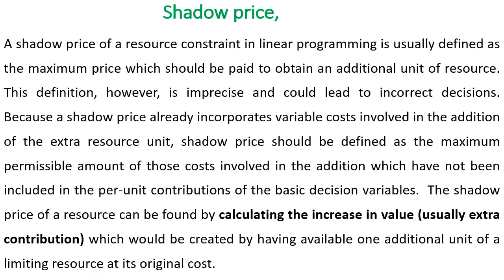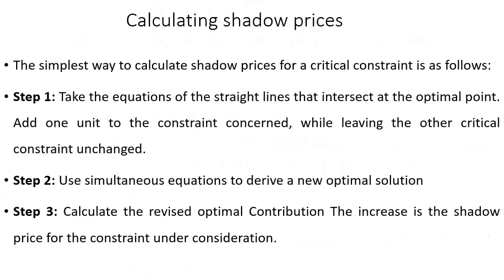So how can we calculate the shadow price? The simplest way to calculate shadow price for a critical constraint is as follows. First step is to take the equations of the straight lines that intersect at the optimal point, then add 1 unit to the constraint concerned while leaving the other critical constraints unchanged.